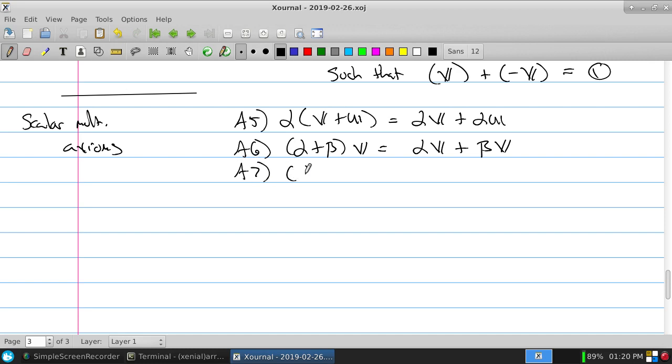Then we could say things like, what if I had an alpha times a beta times a vector? This says I have no operator right there, but that no operator is scalar multiplication. I have no operator right here, but that is a scalar times a vector multiplication, which is distribution, right?